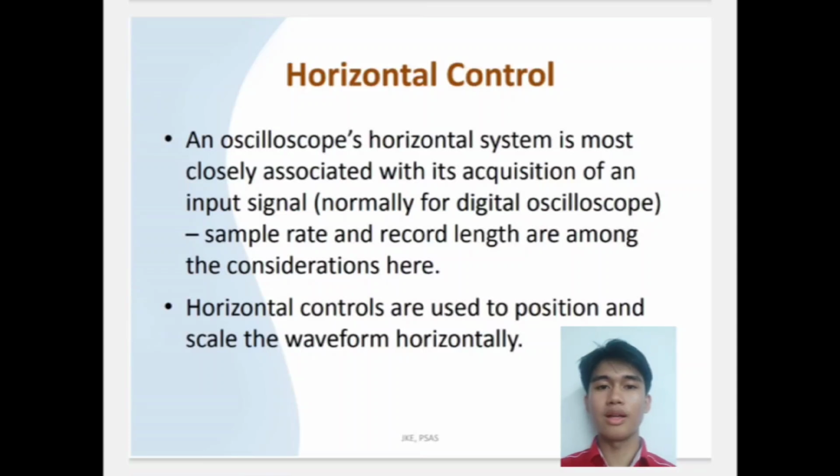Horizontal control. An oscilloscope horizontal system is most closely associated with its acquisition of an input signal, normally for a digital oscilloscope. Sample rate and record length are among the considerations here. Horizontal controls are used to position and scale the waveform horizontally.